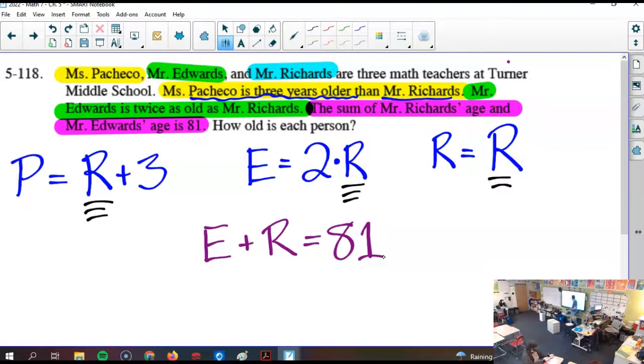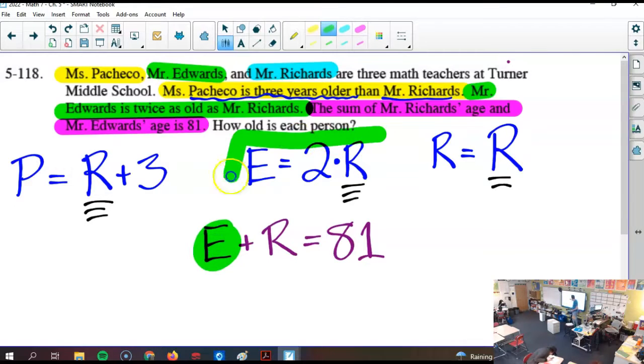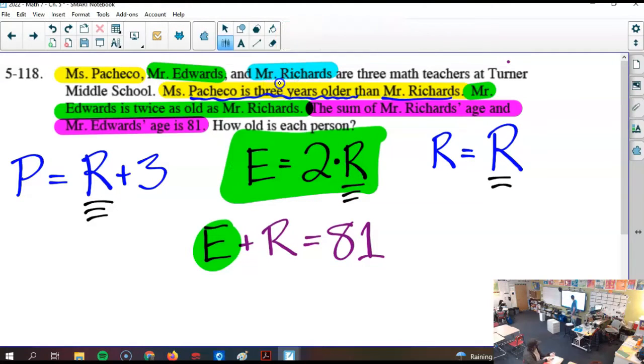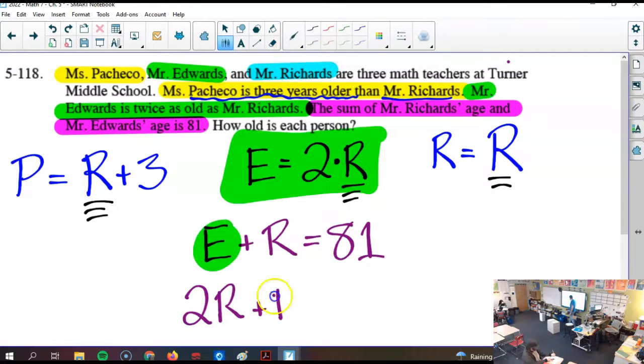If this doesn't make sense, you're going to want to come talk to me at some point, or make sure you practice it on your homework. E, we said, is 2R. So where I see my E, I can replace it with 2R. So 2R plus R is 81.